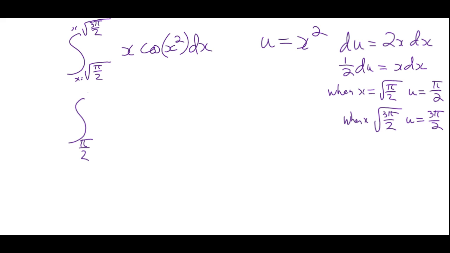So this will be pi over 2 to 3 pi over 2. We've got that half, so let's throw the half out front here. We've got the cos of x squared, but what x squared is that? It's u. So it's cosine of u du. And what's the integral of cosine?